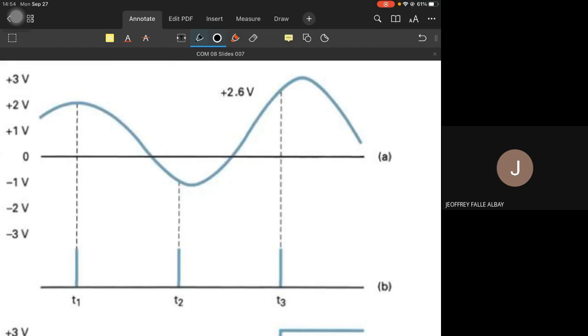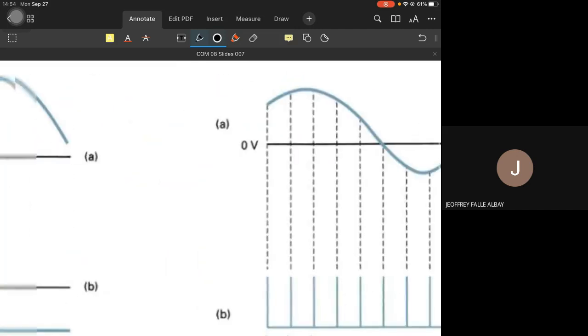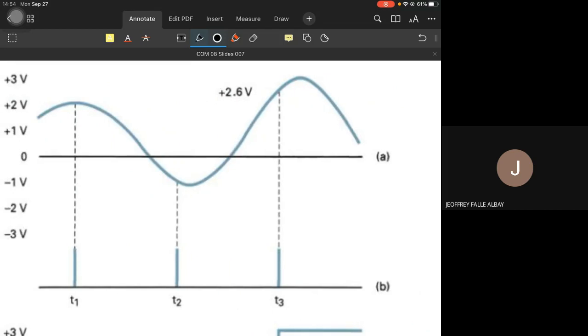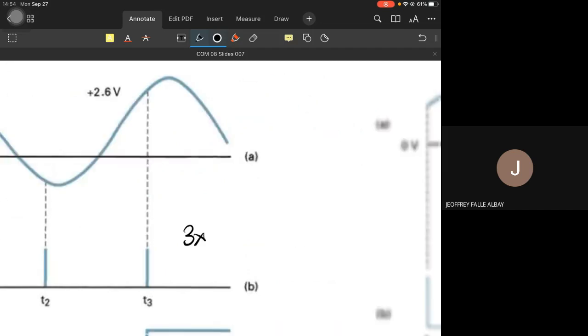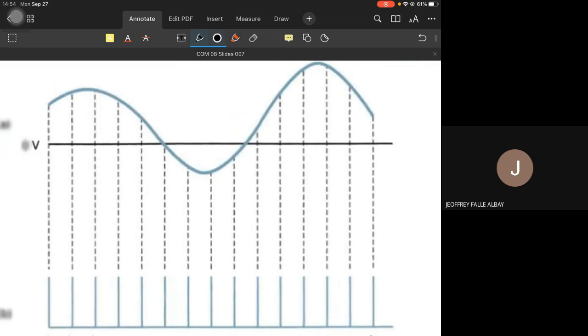Earlier, we learned that the higher the sampling rate the better. So the same input signal is sampled multiple times, compared to this one, which was sampled only 3 times. What if this time we sample it this many times? 1, 2, 3, 4, 5, 6, 7, 8, 9, 10, 11, 12, 13, 14, 15, no?